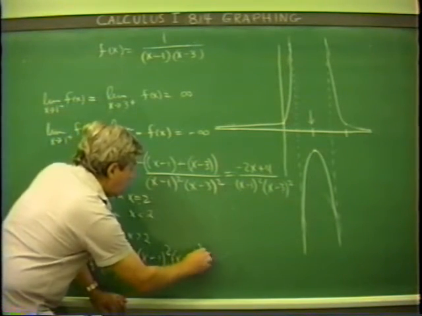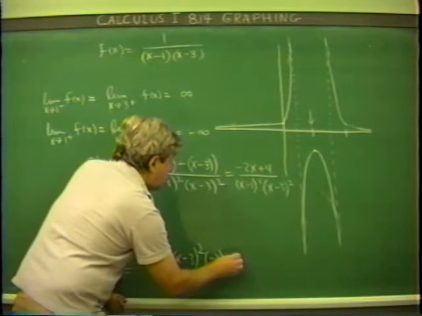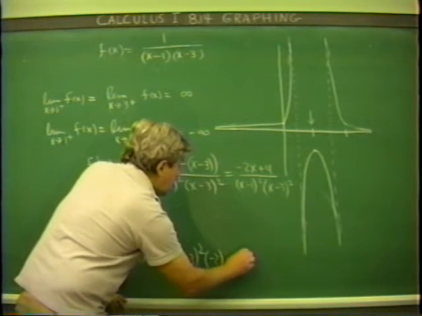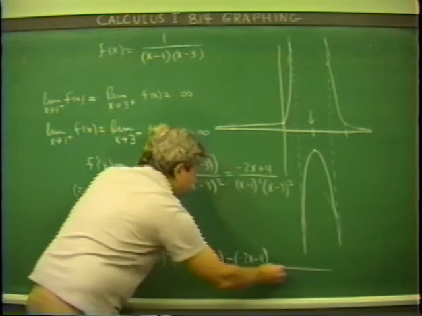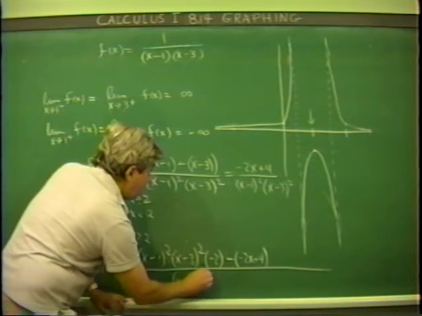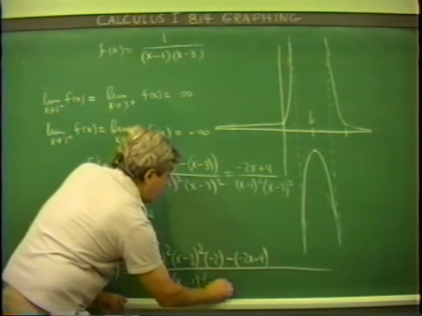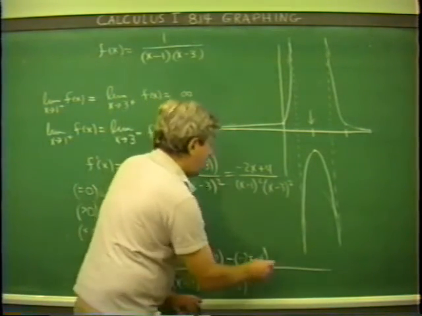The second derivative. Well, it's equal to the denominator times the derivative of the numerator, which is minus 2, minus the numerator times the derivative of the denominator, over the denominator squared.